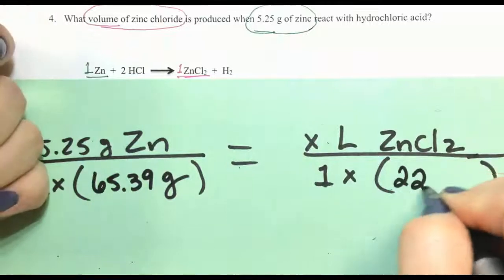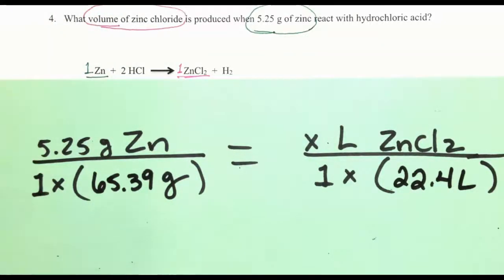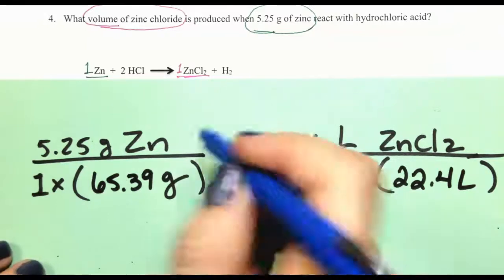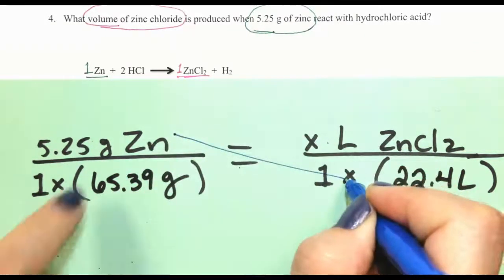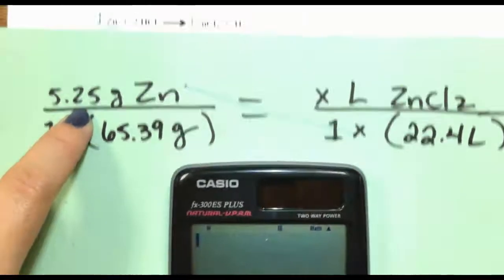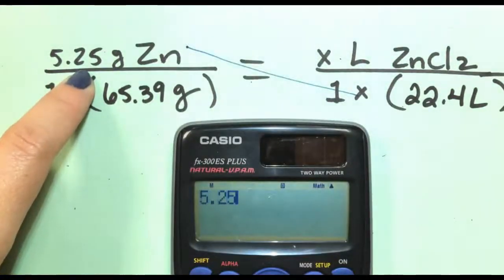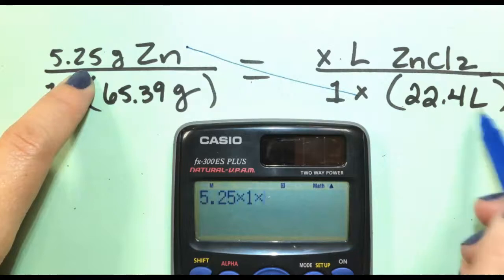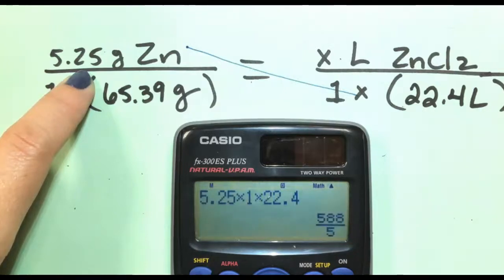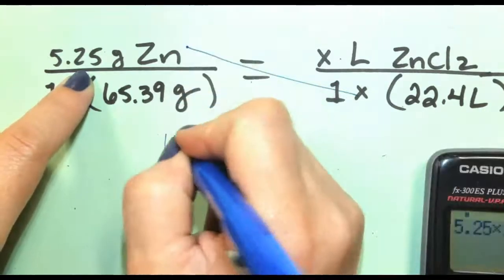Now we can cross multiply, and if you want to go ahead and use your calculator, it's going to be this times this. So I'm going to type in 5.25 times 1 times 22.4, and that's going to give us 117.6.